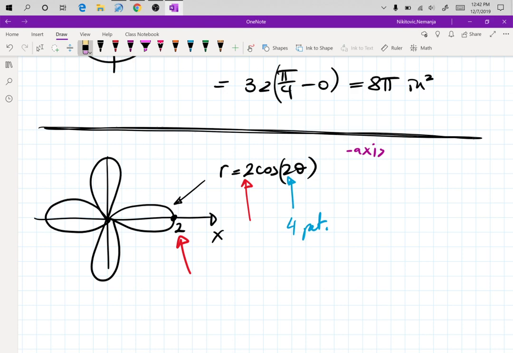There's so many cool things we can compute. But let's compute the obvious. What's the area of that one part?